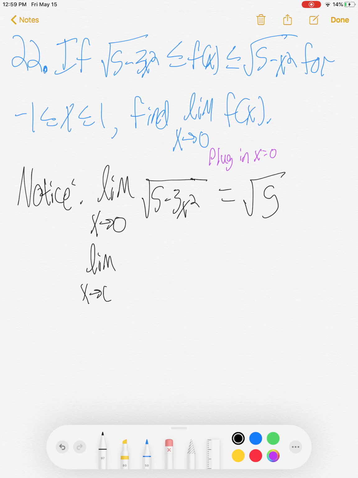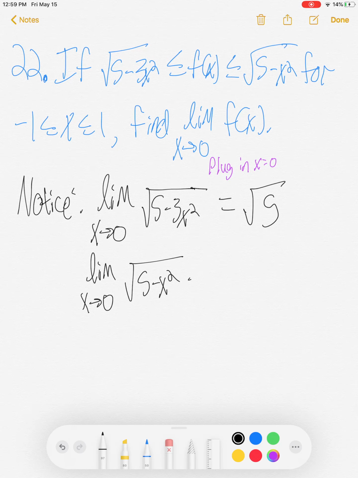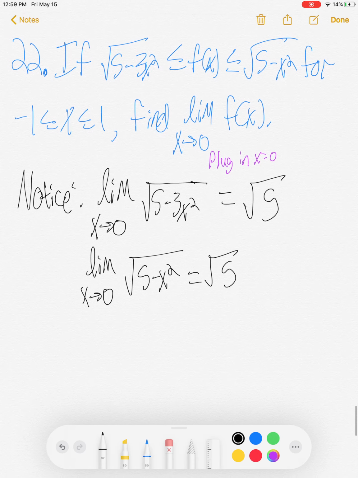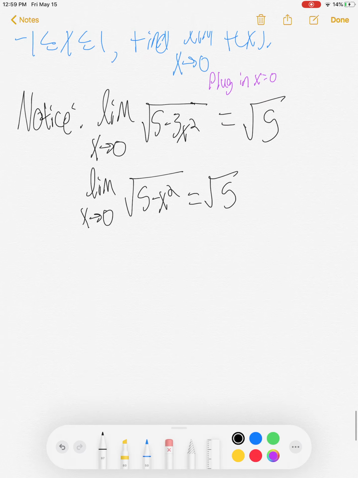Similarly, if I look at the limit as x approaches 0 of the upper bound function, so this root 5 minus x squared, well, that is also just root 5 for the same reasoning. Now, I know that at x equals 0, f of x is between these two things.